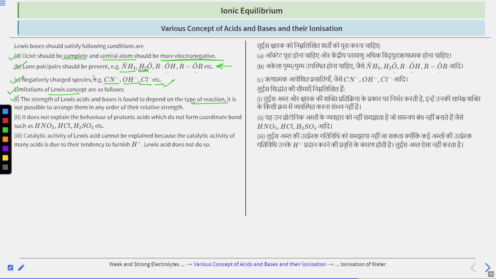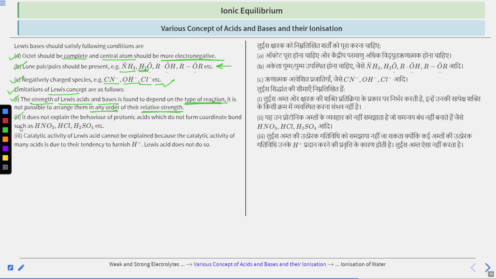So as per the definition given by the Lewis concept, the strength of Lewis acids and bases is found to depend on the type of reaction going on, right? So it is not possible to arrange them in any order of their relative strength.